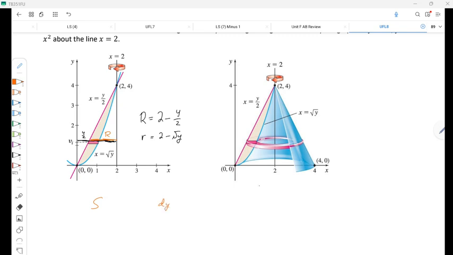So dy at the end. This is the same two functions from example 1. I'm just going around a different line. So I'll still integrate from 0 to 4, and it's going to have a pi on the outside: 2 minus y over 2 squared minus 2 minus square root of y, but squared.